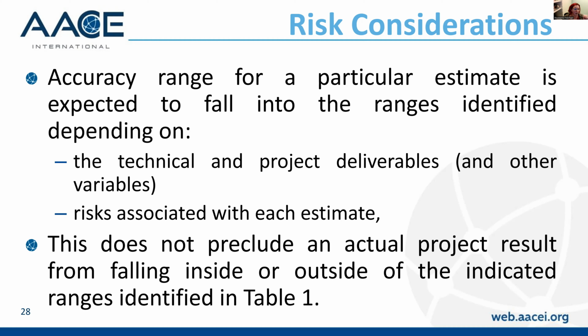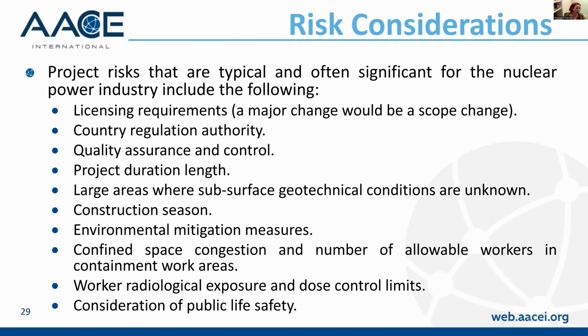So these are a few of the systemic risks. These are often the primary drivers of the accuracy, especially during the early stages of project definition. But as project definition progresses, the project-specific risks, those risks and events and conditions that we list in our risk register, become more prevalent. They also start driving the accuracy ranges.